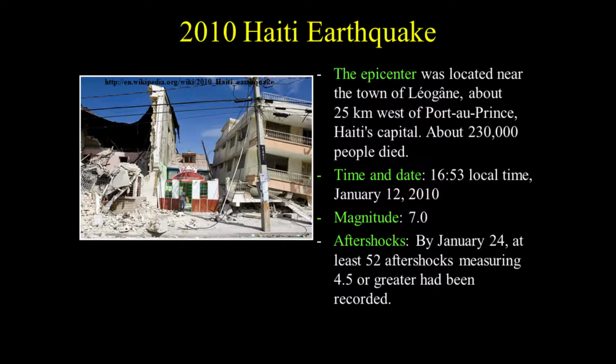Ground shaking lasted 90 seconds and was followed by a 6.0 aftershock that occurred at about 11:40 local time on March 11, 2010. The epicenter was located near the town of Langao, about 25 kilometers west of Port-au-Prince, which is Haiti's capital. About 160,000 people died.